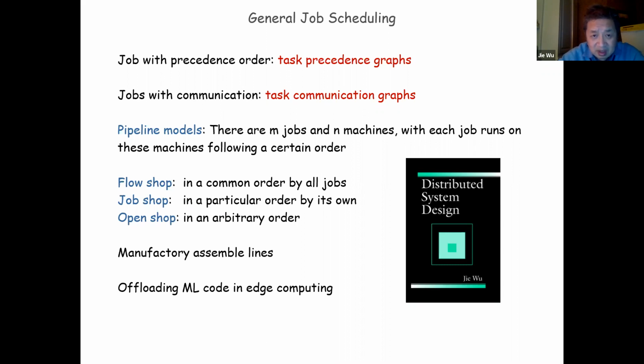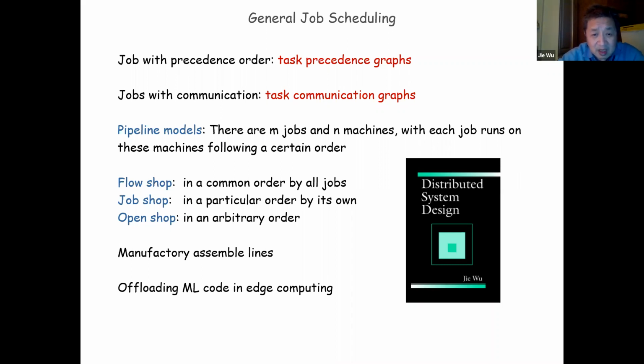That's called a flow shop, job shop, or open shop. You have a job, you have to follow certain steps, but at each step you have a different machine, independent. So how can you schedule these jobs in a pipeline fashion and achieve some kind of optimization? A famous example is manufacturing assembly lines.